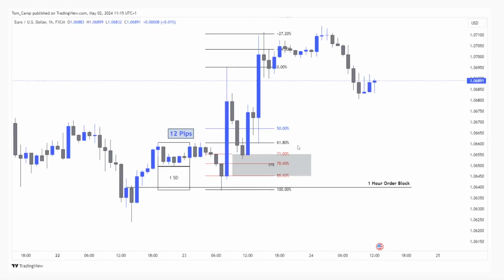And if you go to the 1 hour time frame, there's the imbalance on the 1 hour, and there's another area of imbalance. So that is an inverse imbalance. So within the 1 hour time frame, we have created another balanced price range.